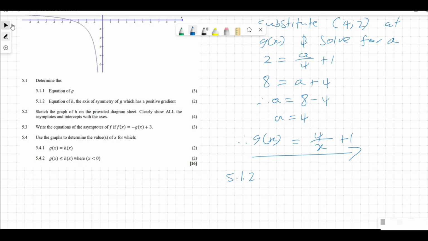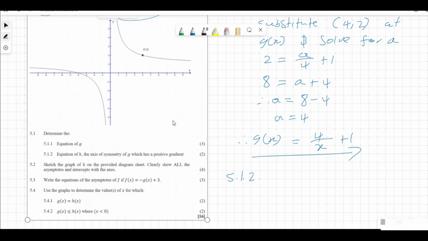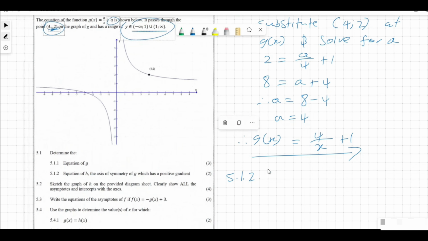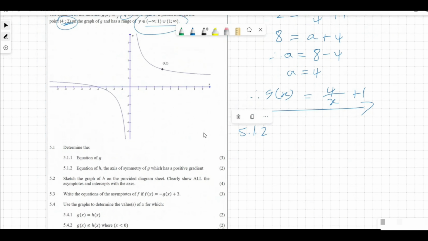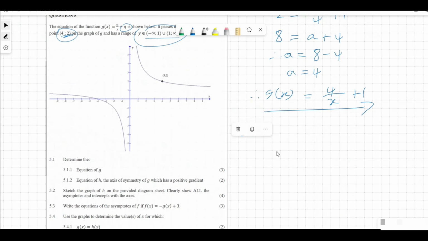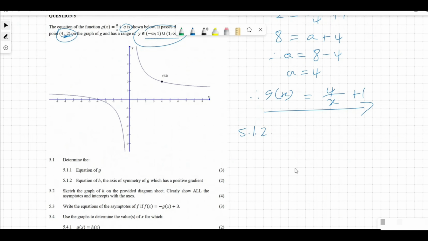Okay. Now we move to 5.1.2. Please pay attention. If you were to check those notes that I gave you, you'll see that there is nothing new in these questions. So look at 5.1.2. They're saying determine the equation of h.